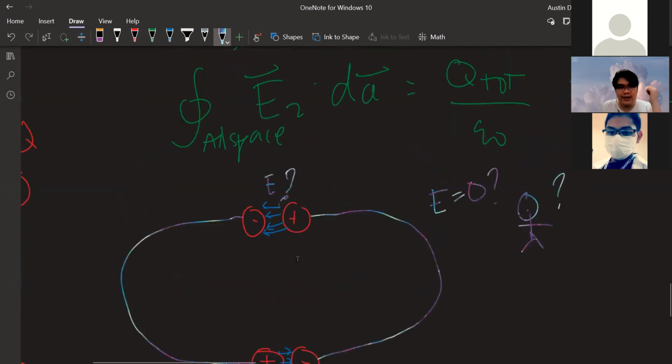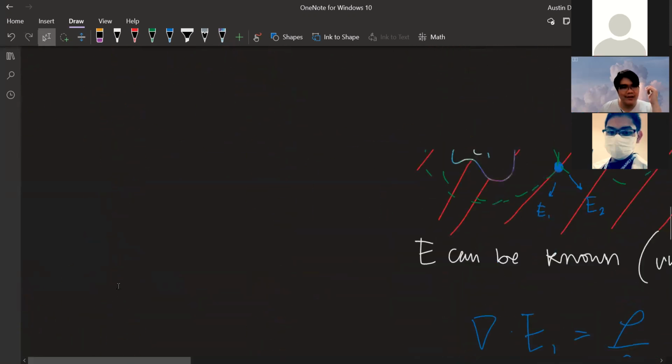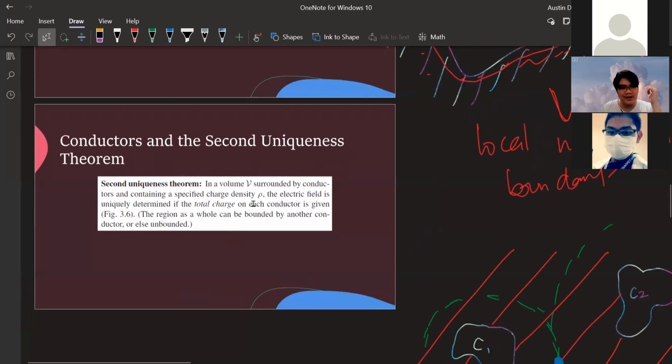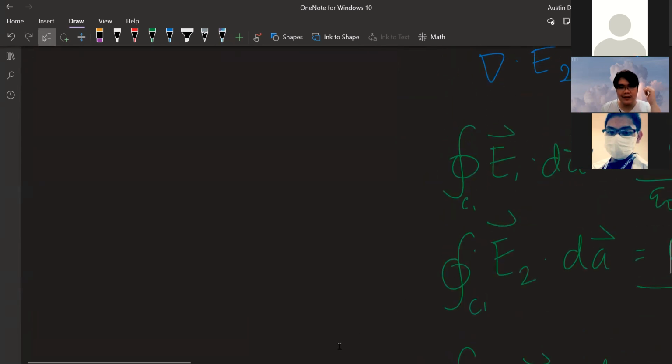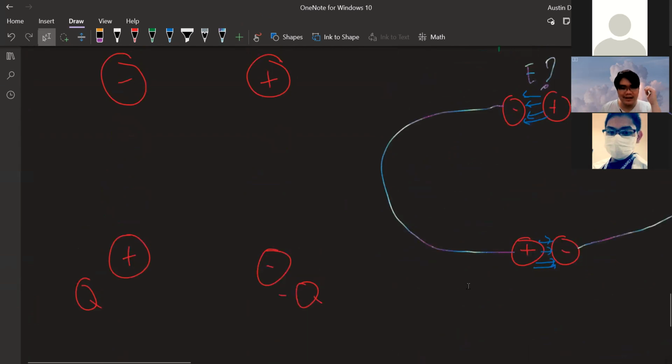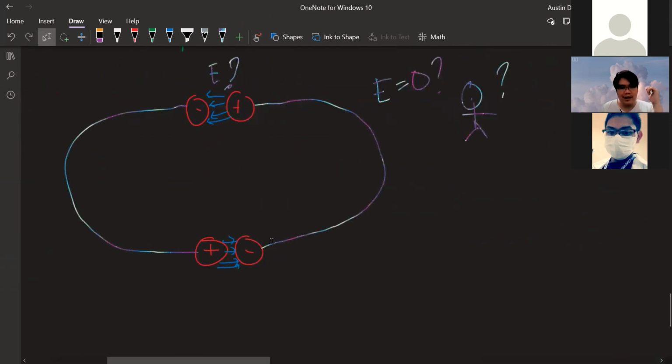Okay? So which is more logical? Ang logical na mangyayari is kailangan mo mahanap, again, ang second uniqueness theorem mo. Anong definition? What is the total charge on each conductor that is given? Kasi sinasabi natin given na conductor itong dalawa, kinabitan pa ng wire, then this whole thing is a conductor, and the total charge on this conductor is 0.